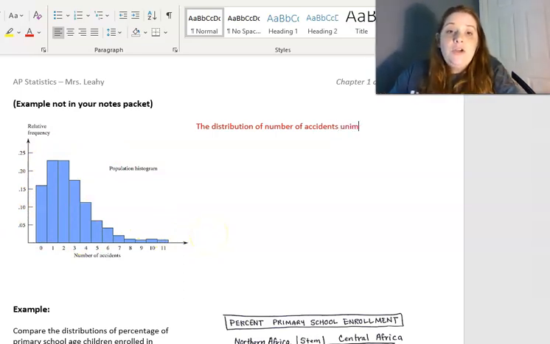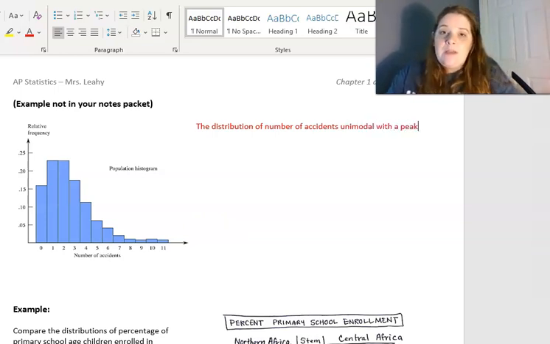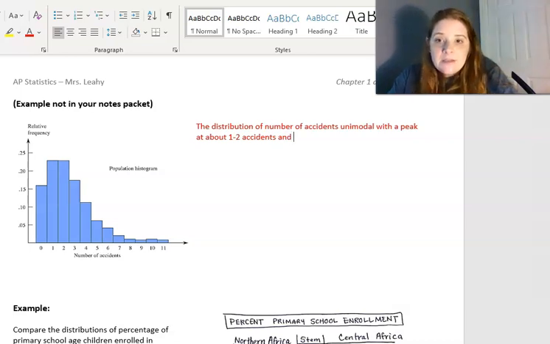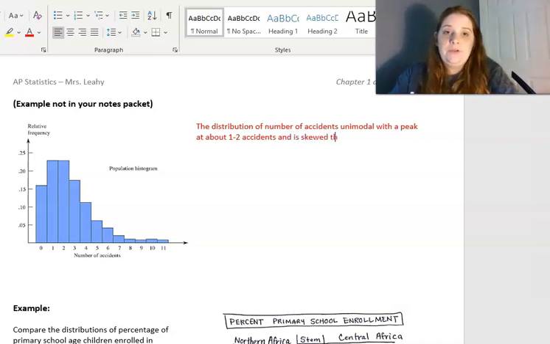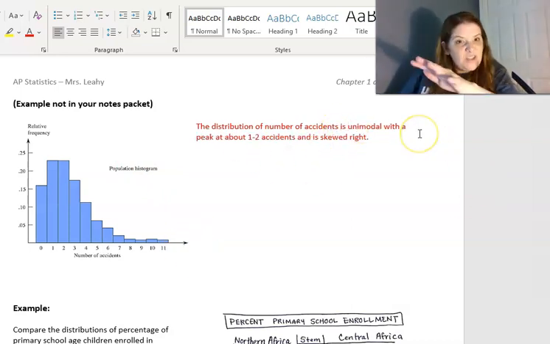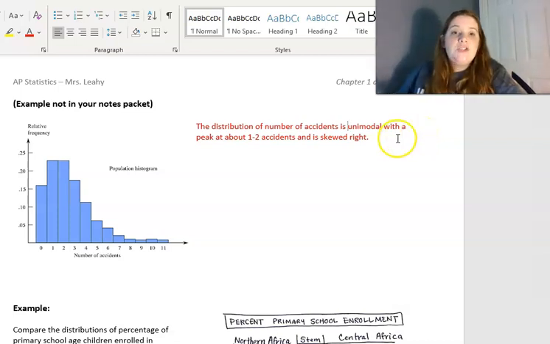So I'm going to say is unimodal with a peak at about 1 to 2 accidents, and is skewed to the right, or skewed right. So the distribution of number of accidents is unimodal with a peak at about 1 to 2 accidents, and then is skewed to the right.